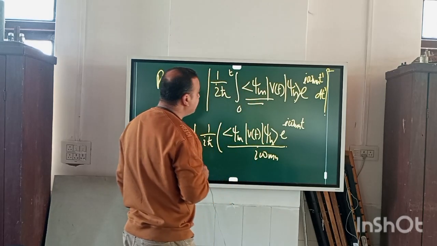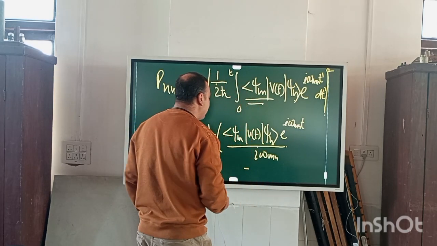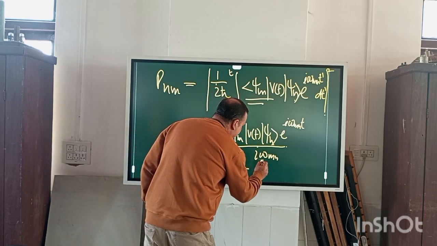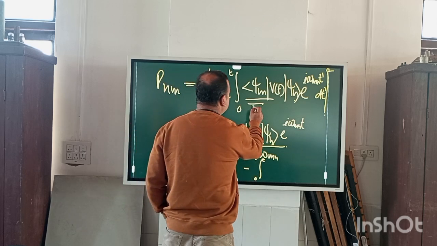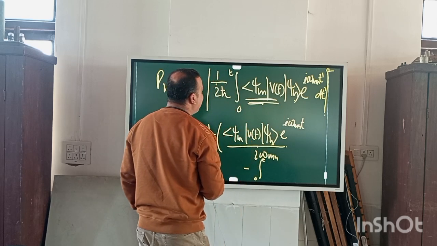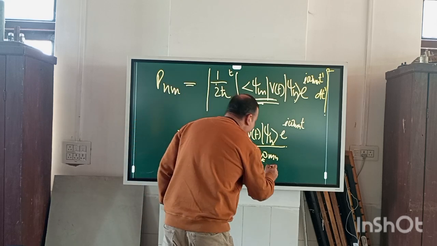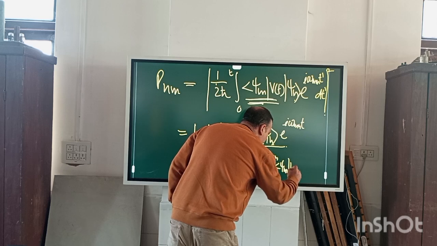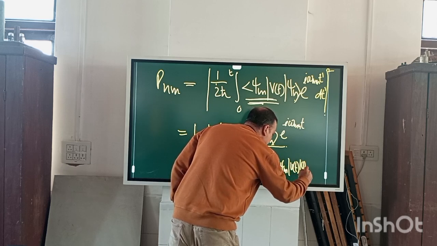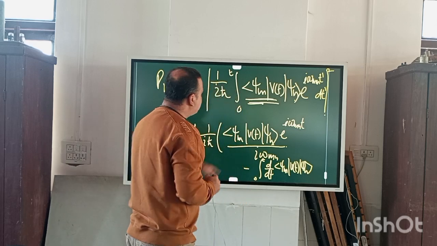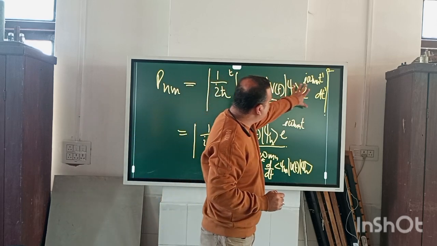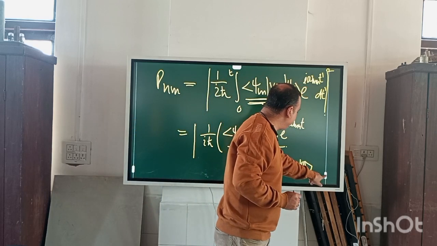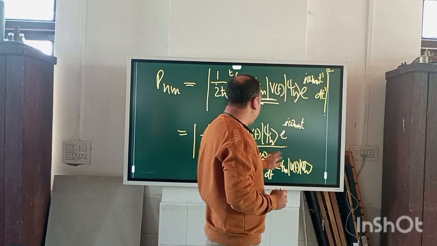Okay, this will be the first term. Then we will have minus the integral from 0 to t, and the differentiation of the first term, that is this expectation value. So I will be writing d by dt of ⟨ψm|V(t)|ψn⟩. Okay, differentiation of the first and the integration of the second.